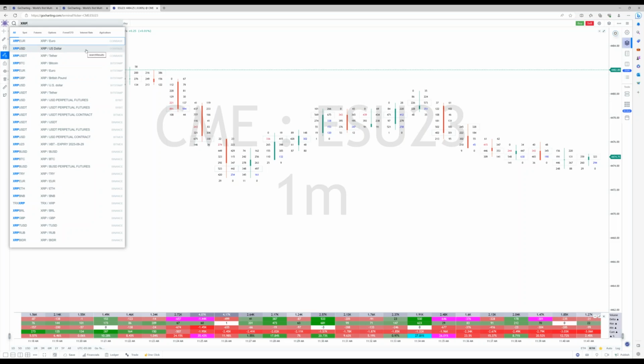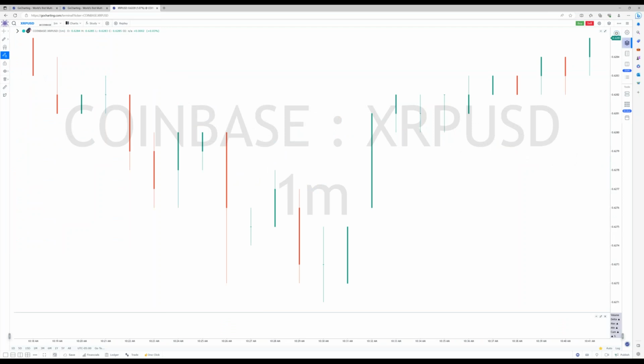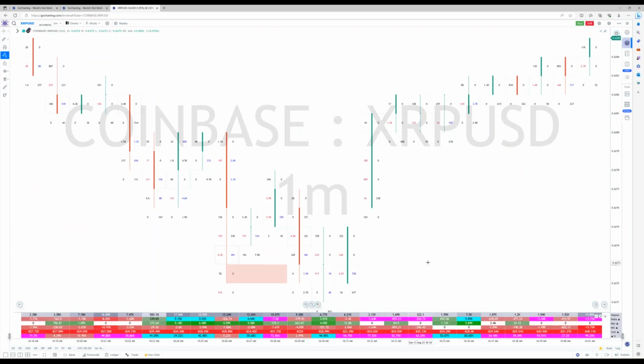This is where it gets tricky with XRP, because I don't think Americans, well, maybe now with the lawsuit settled, can buy it again. I know they stopped people in the U.S. from buying it. But let's pull it up. XRP, just give it a second. There's your footprint right there. Very fast, right? If you use NinjaTrader, you know it's not fast like that.